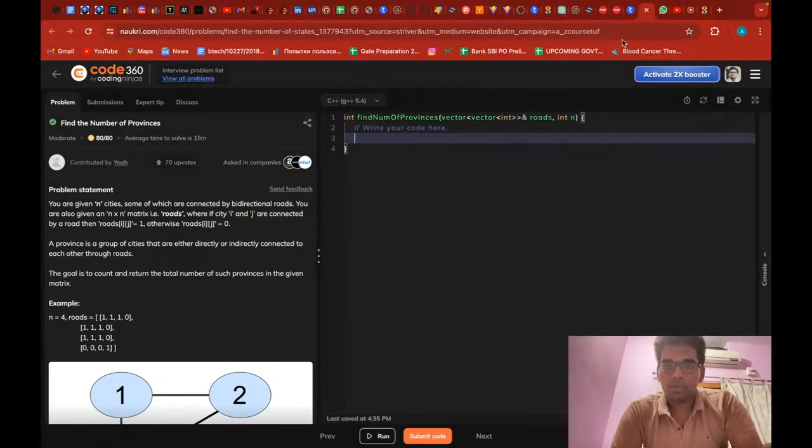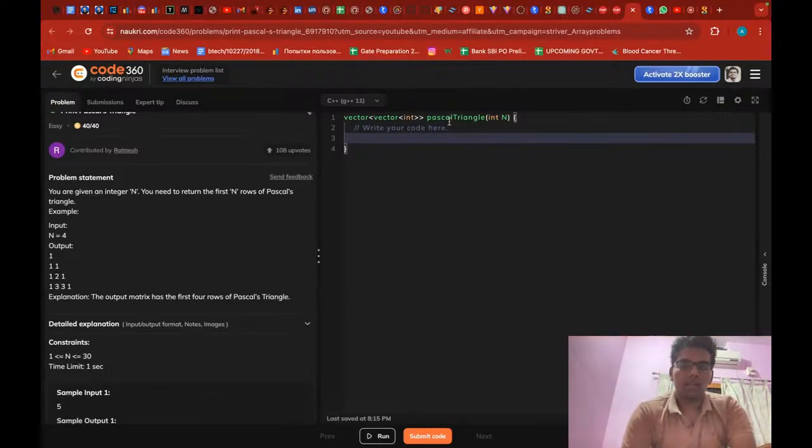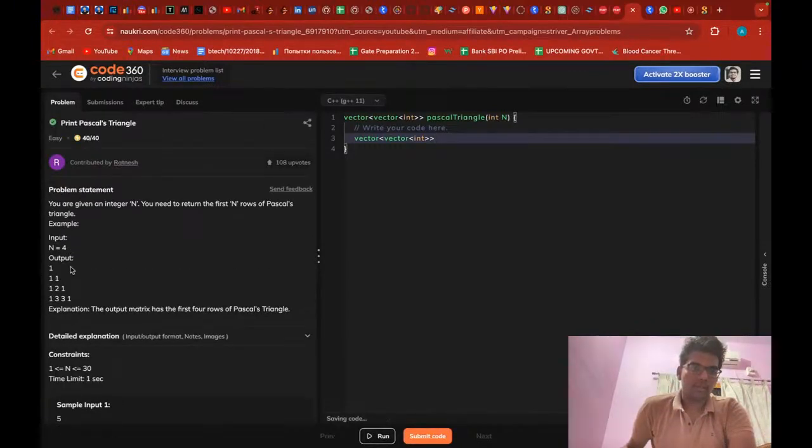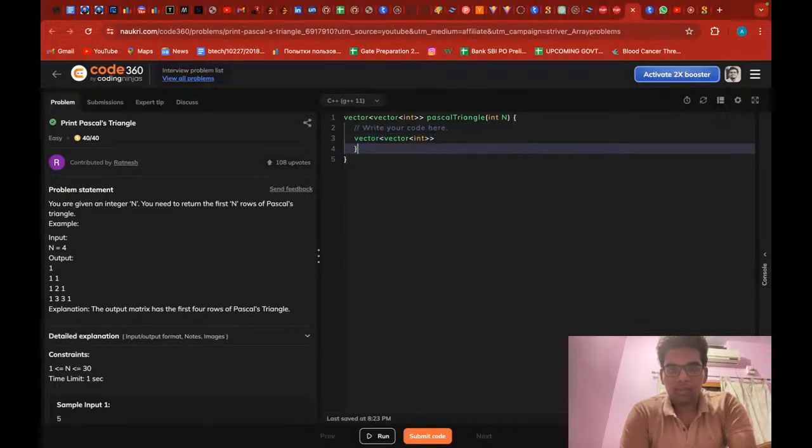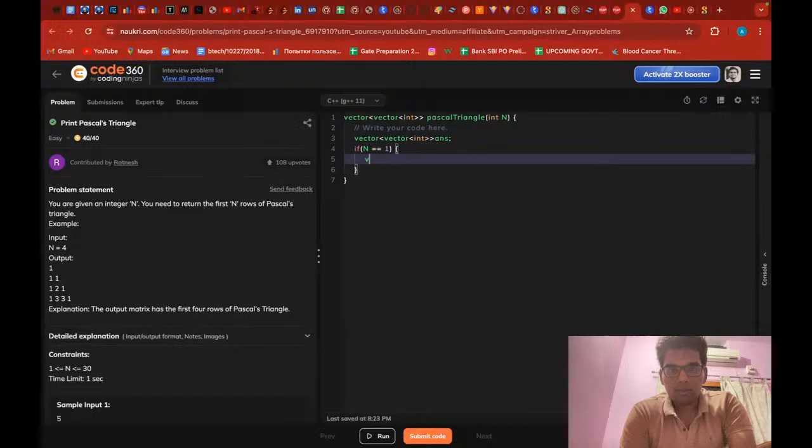So let's write the code for this. Let us suppose we need to return a vector of vector of int, because we need to store the whole matrix in this format. So I will create a vector of vector of int, and let's say we call it answer. And if n is equal to 1, you just use the base case.